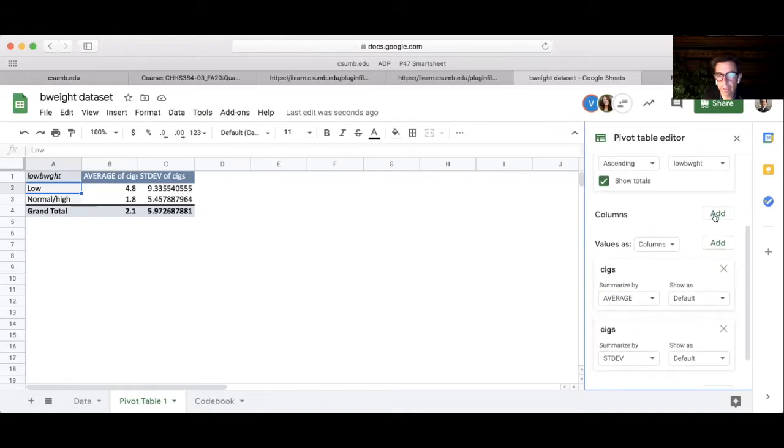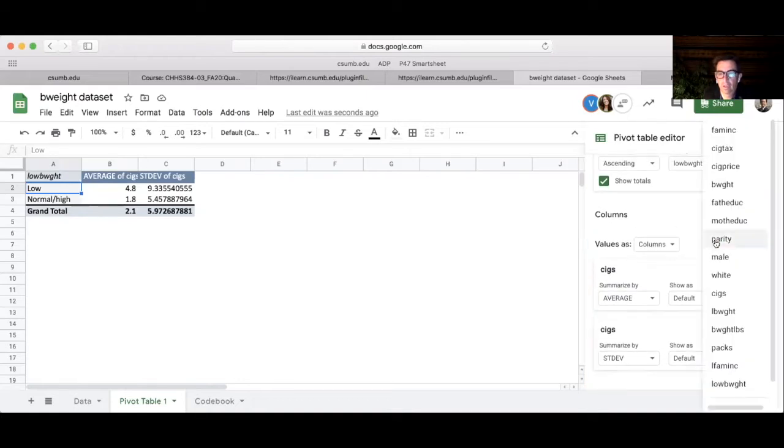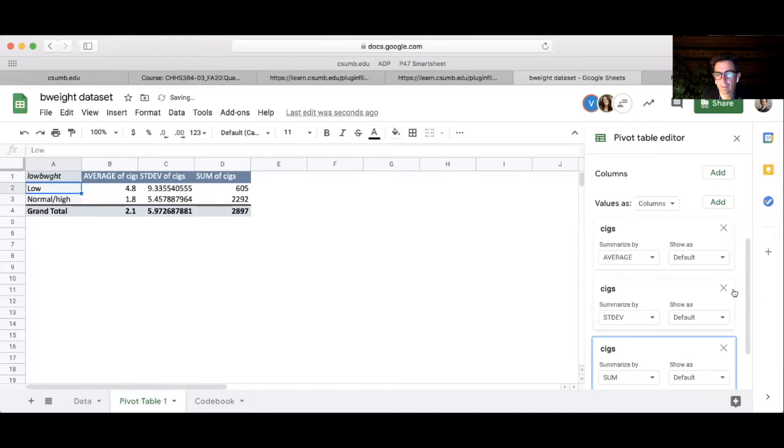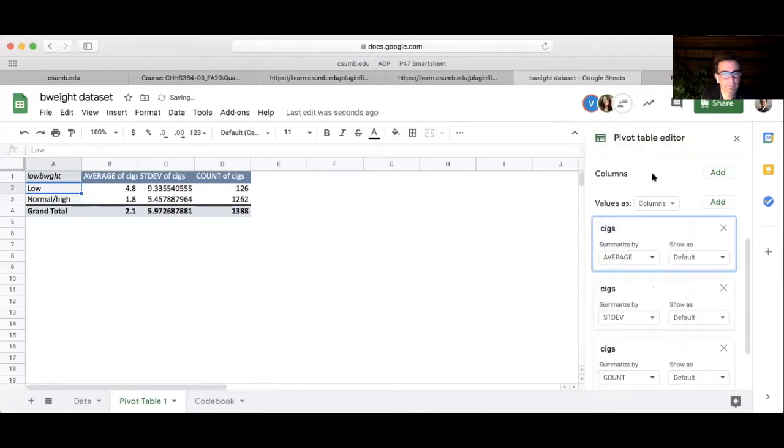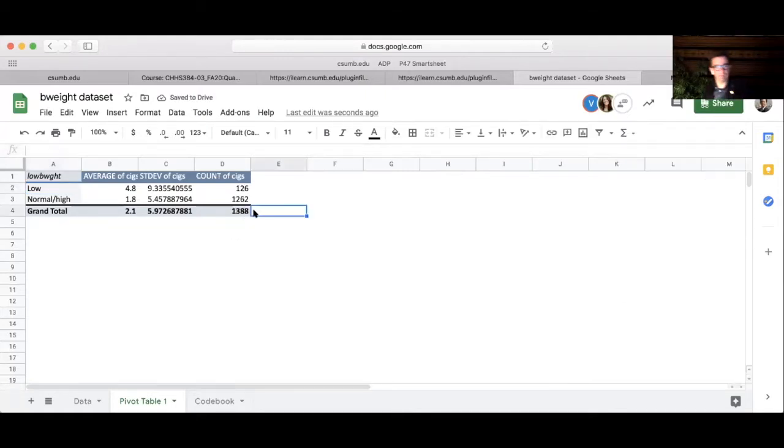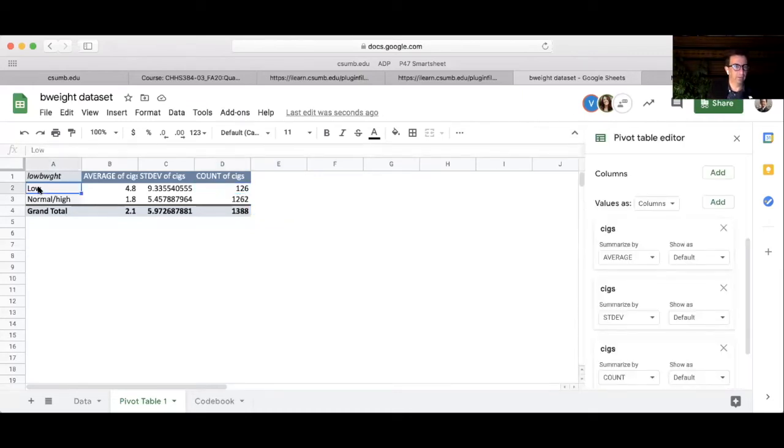And we're also going to ask for the number of observations in each, count, although we already kind of know that. We know this from our previous example, that 126 babies were cataloged as low weight, and 1,262 at normal or higher.